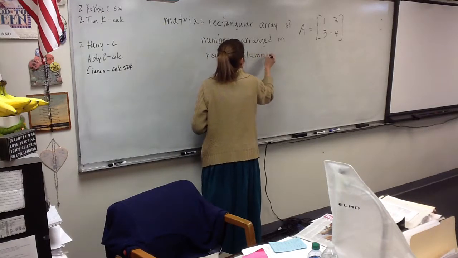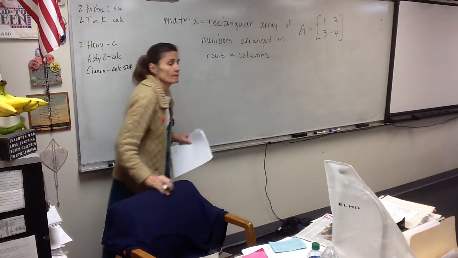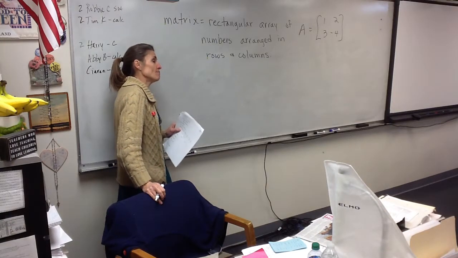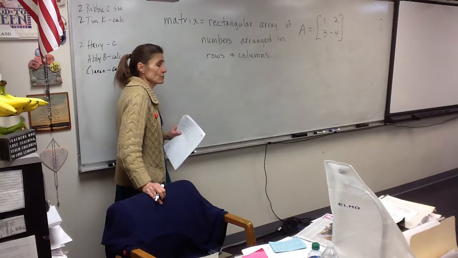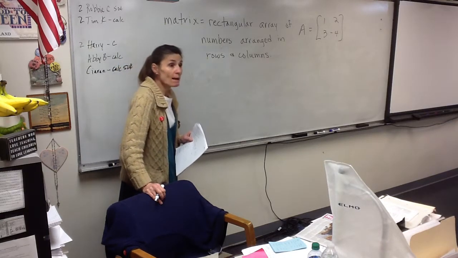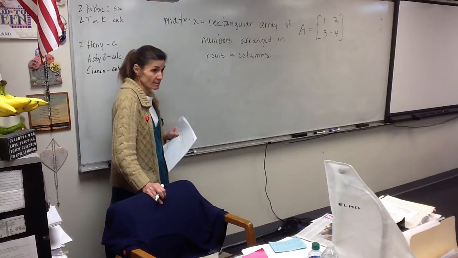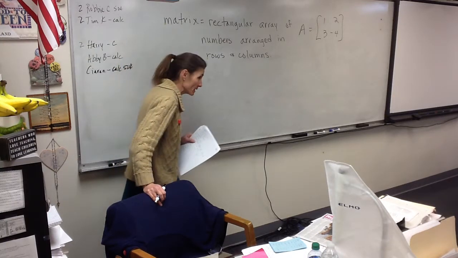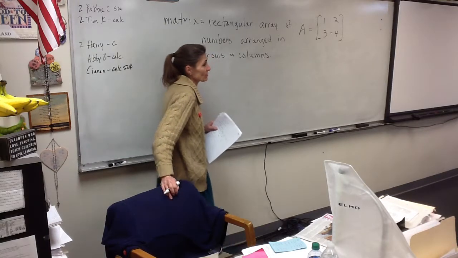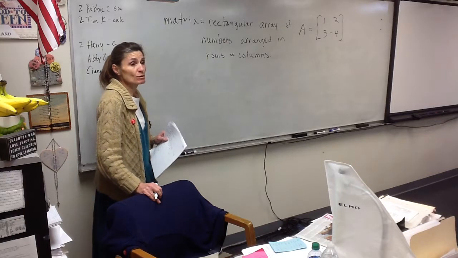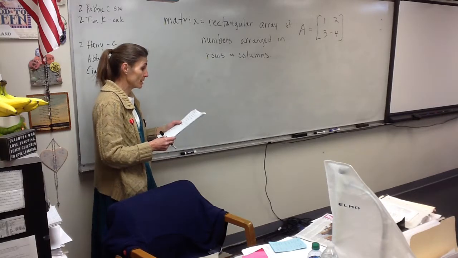That's not too far off. The language of matrices and vectors is a little bit different, so we will have a vocabulary section on our test to make sure you understand the vocabulary of matrices and vectors. So what is a matrix? It's a rectangular array of numbers arranged in rows and columns.